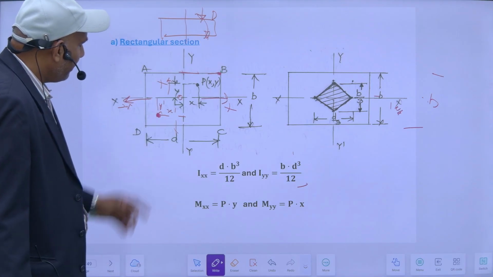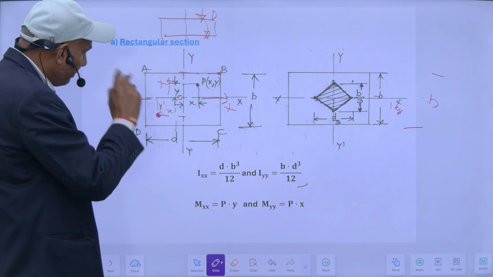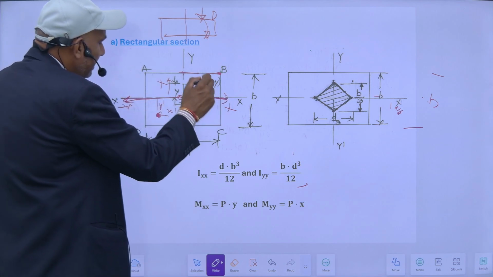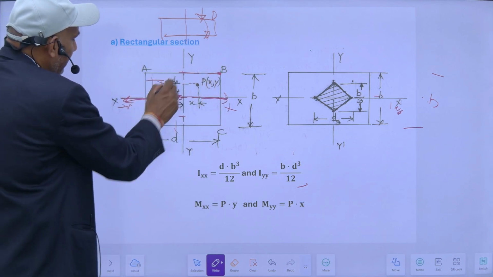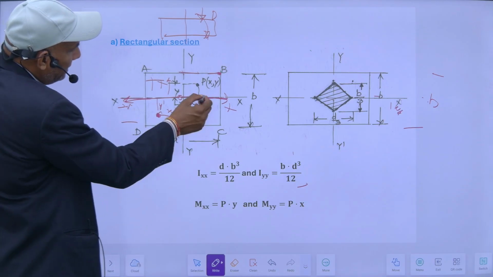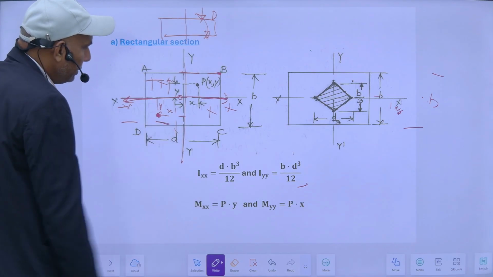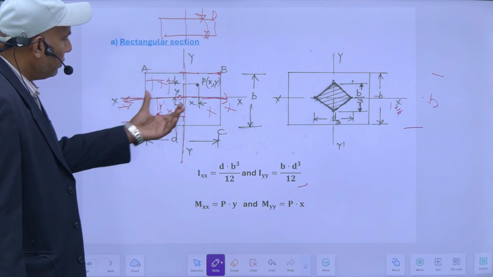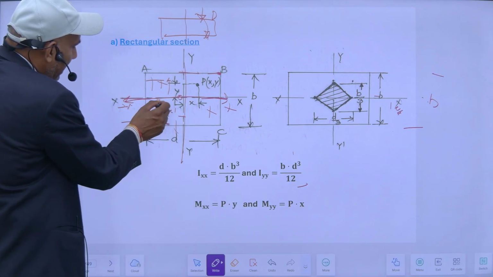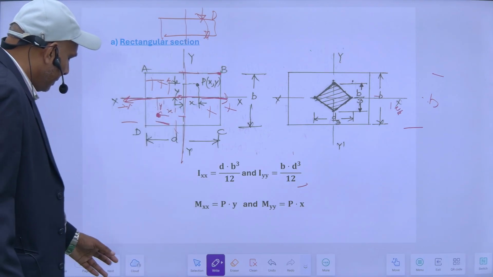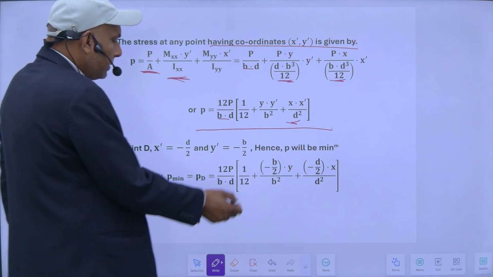Then it will be tensile here, because if I consider the moment along this axis, it will create compression here and tensile here. If I consider along this other axis, it will be compressive here and tensile here. So the moments along both axes will create tensile stresses here. So it will be minus here because of both.